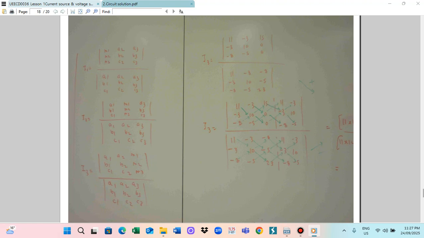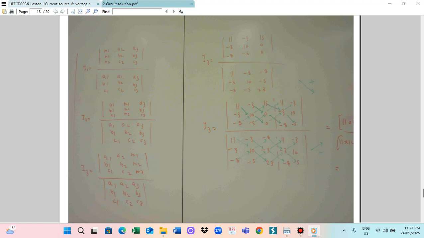The negative terms are minus 8 multiplied by 10 multiplied by 15, plus minus 5 multiplied by 0 multiplied by 11, plus 0 multiplied by minus 3 multiplied by minus 3. And this is the numerator.